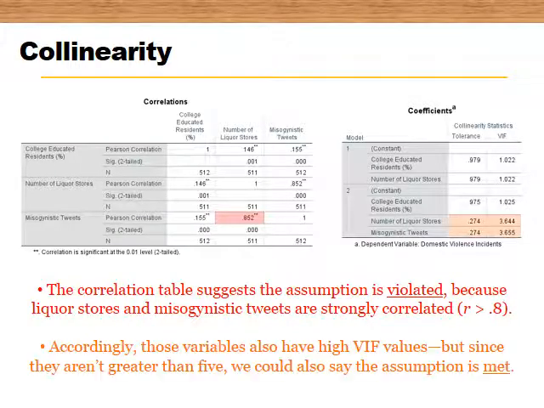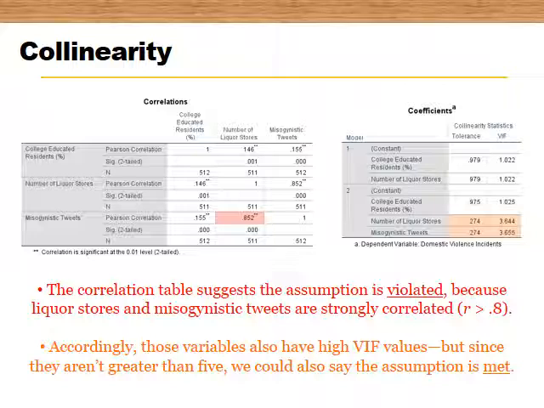However, if we look at our collinearity statistics in our regression output, we see, not surprisingly, that those same variables that are strongly correlated with each other also have relatively high VIF values and relatively low tolerance values. But you'll remember in class we talked about using a cutoff of 5 for the VIF, and neither of these is above 5.